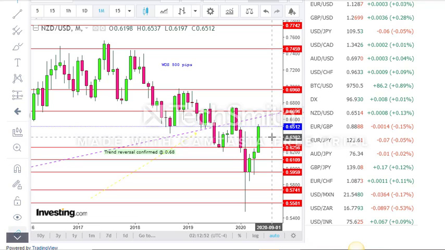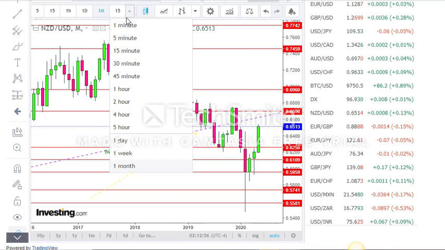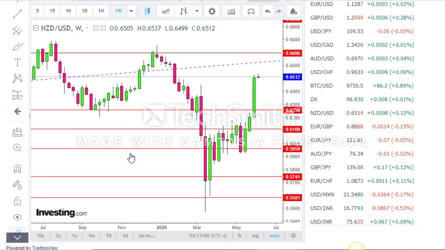So for this particular pair, usually on a weekly basis, price action retraces about half of its original move, but sometimes, depending on the momentum, it doesn't. So with this particular pair, I can't really tell you how it's going to react.